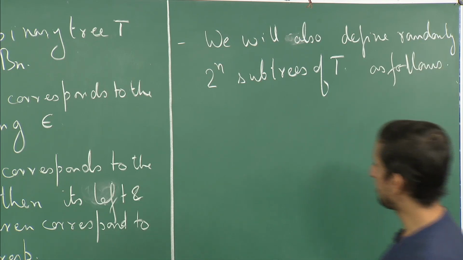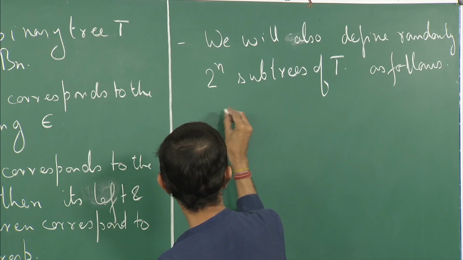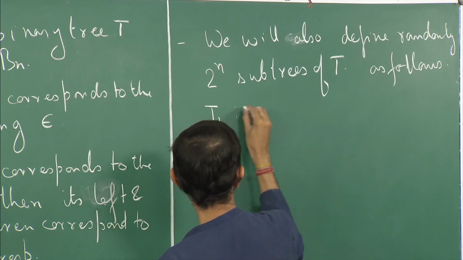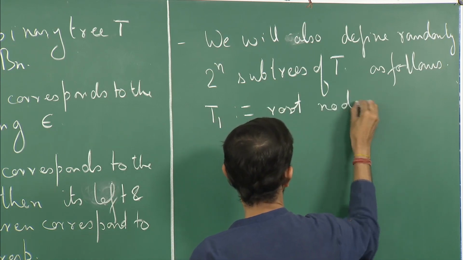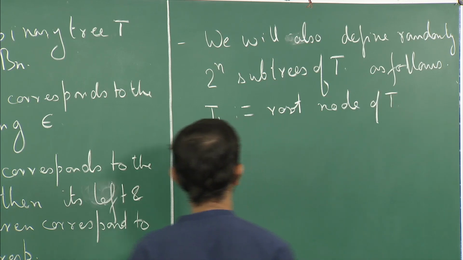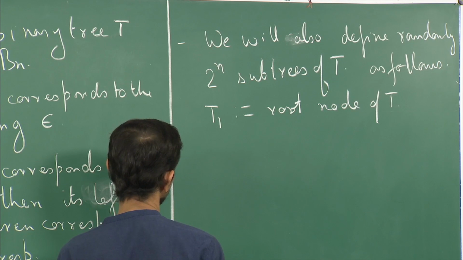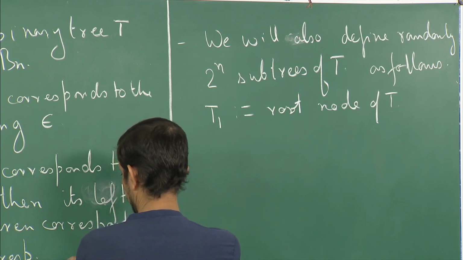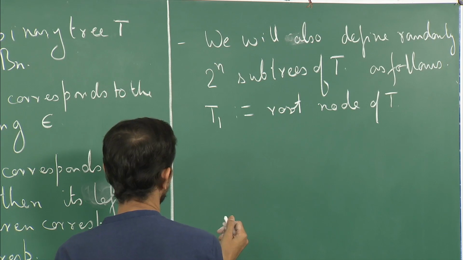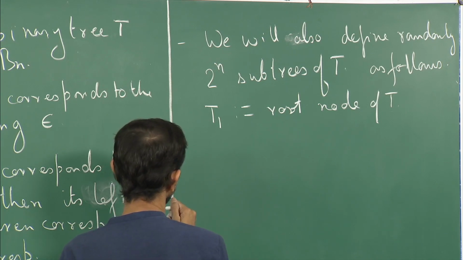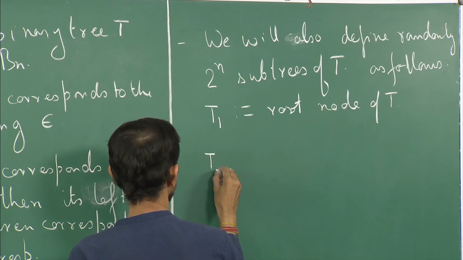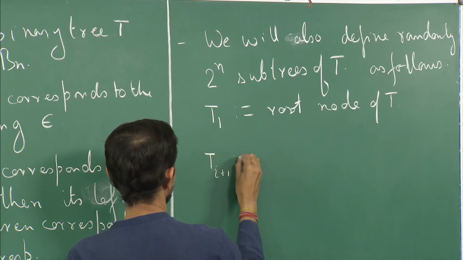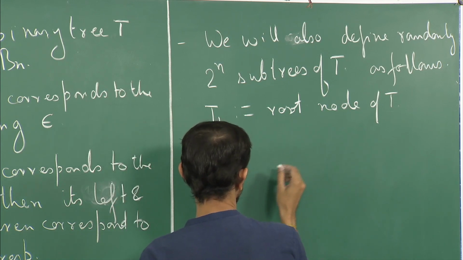Okay. So T1 is just the subtree which consists of only the root node. Okay. And Ti plus 1 I will define as follows.